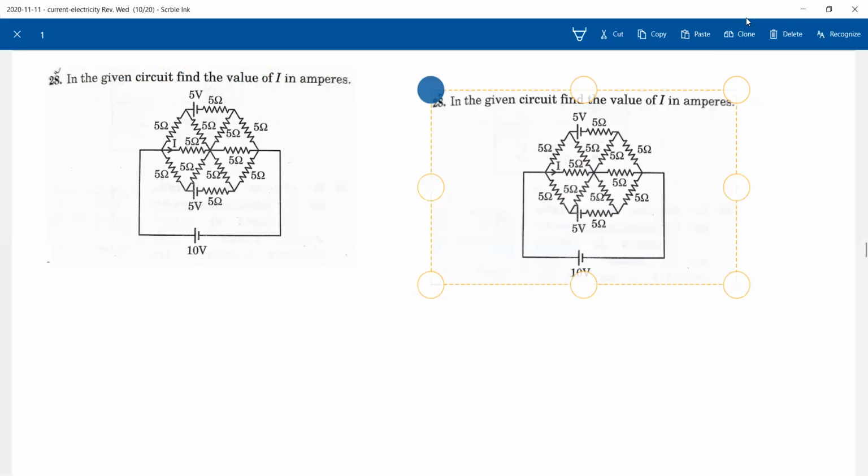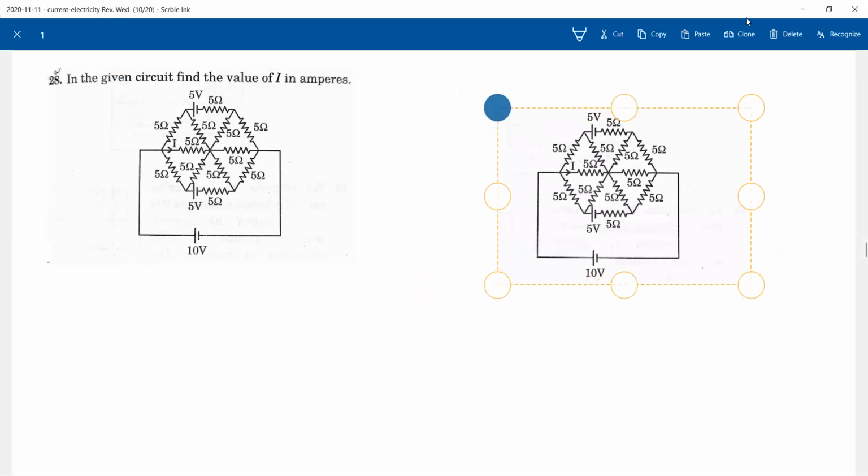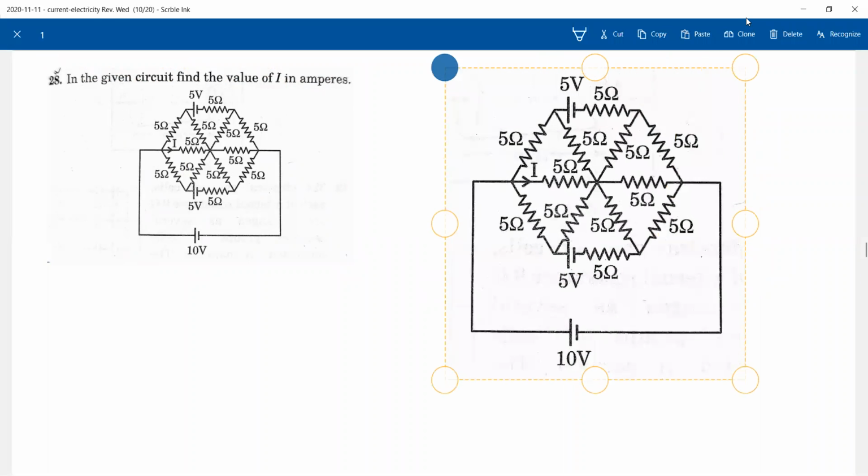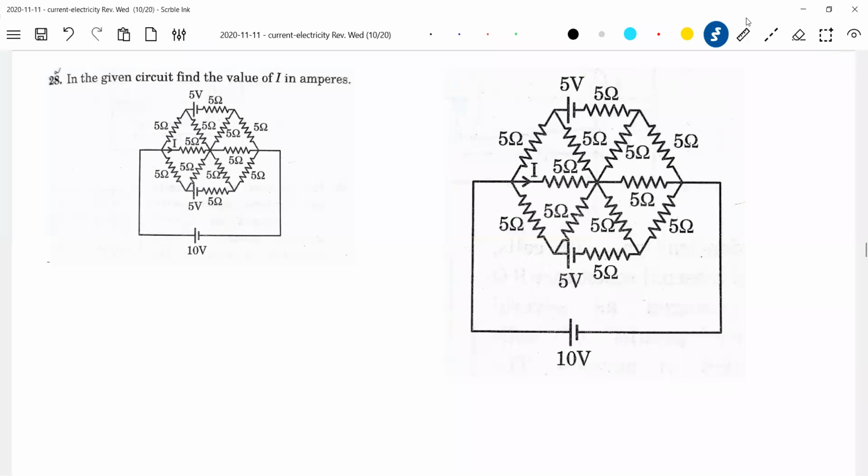Meanwhile, I'll set the diagram. I made some small changes.